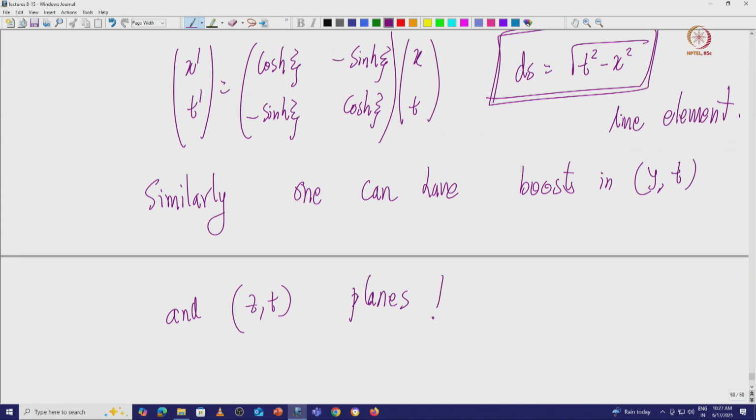If I call this boost factor xi, and this one, not really an angle but a boost factor, eta, and this one sigma.